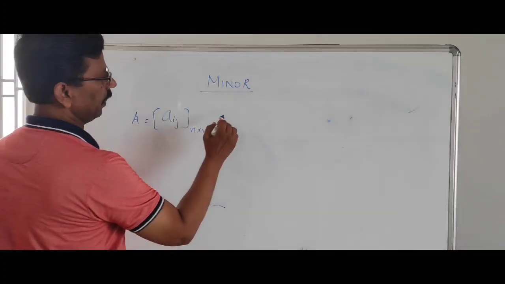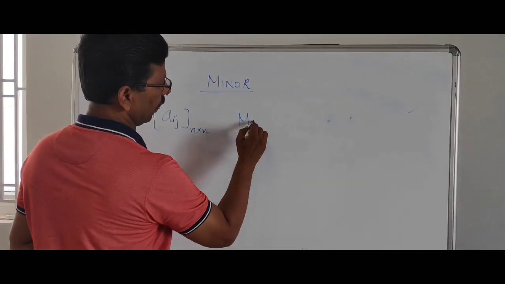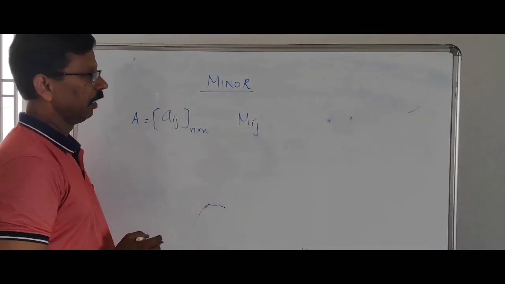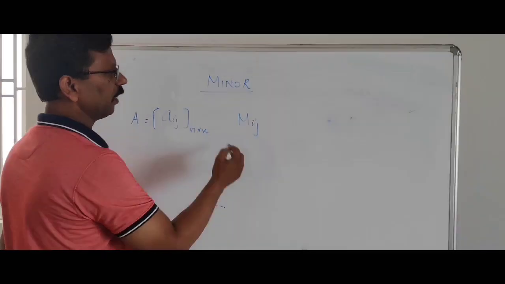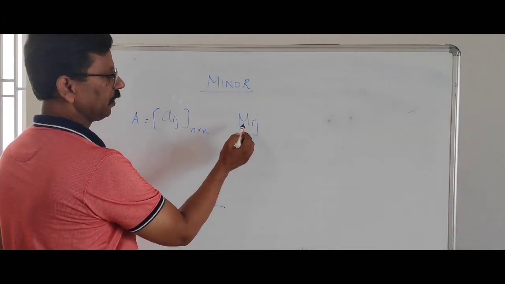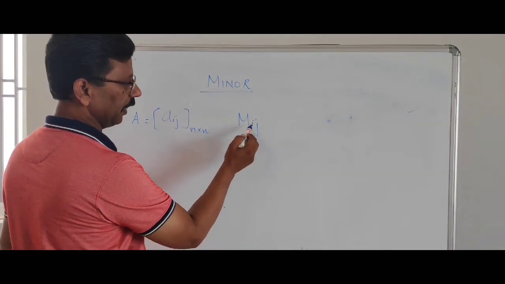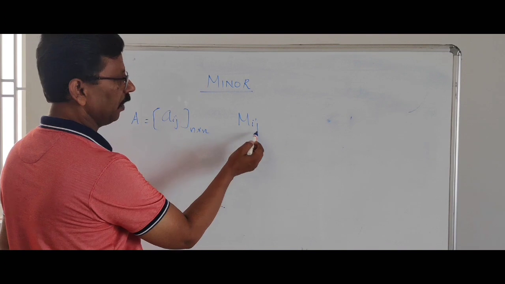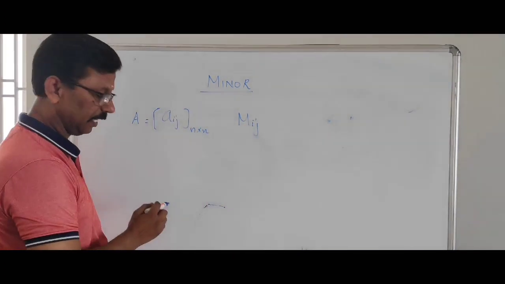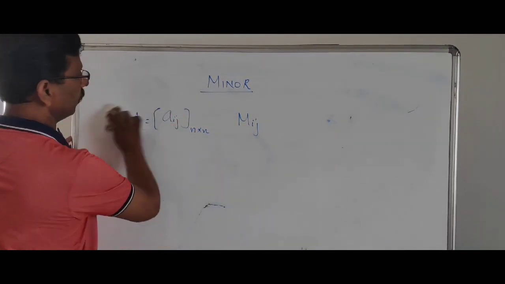The minor of this element Aij is denoted by Mij. This is minor. Now, how do you find this minor for each and every element? First we have to find a determinant by deleting the ith row and the jth column in which the element Aij stands. Now let us see with an example.